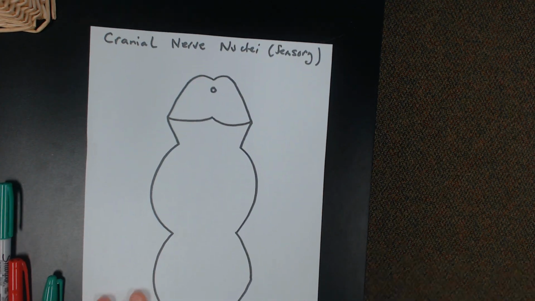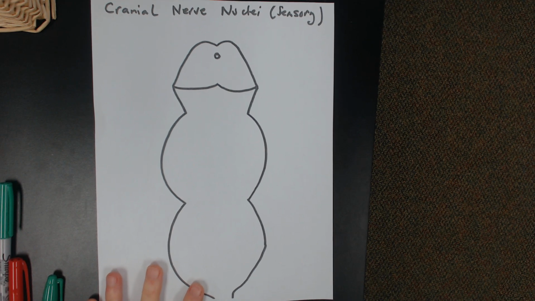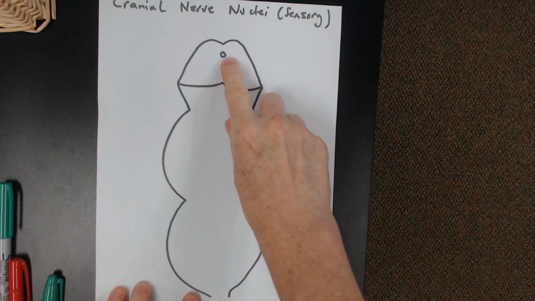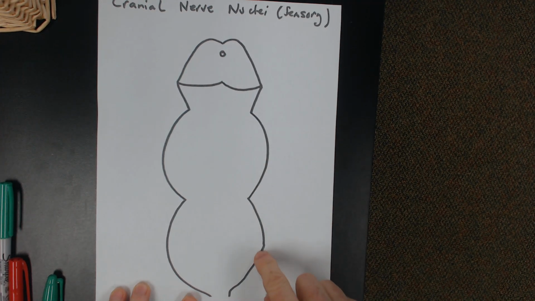Okay, as far as sensory function is concerned, it's a little bit dark. The sensory function I think is pretty straightforward, just looking at the main sensations. Okay, same picture. Here's my midbrain with my cerebral aqueduct, my pons, and my medulla.